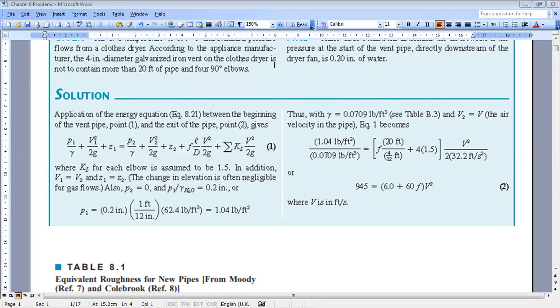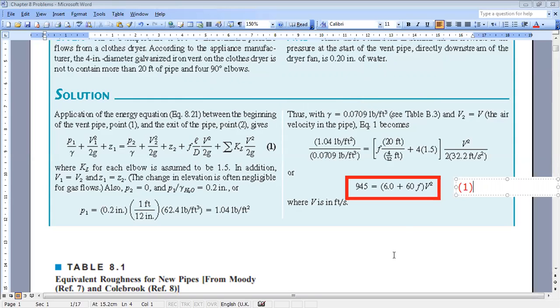So now when I replace into my equation, I will get a first equation relating F and V. Okay, so this is equation number 1. But this equation for me is not enough. Why? Because it includes 2 unknowns and I have only 1 equation.